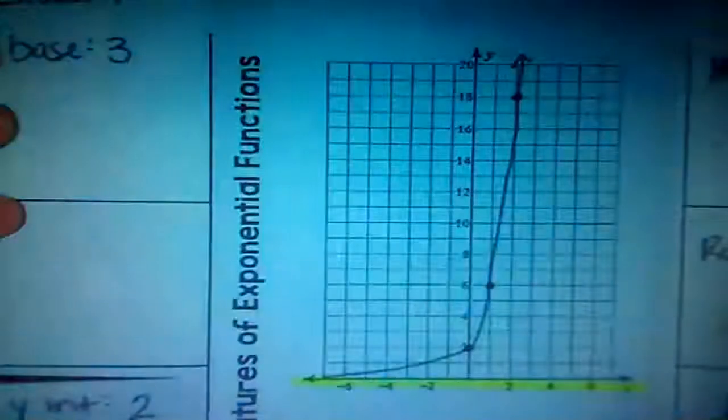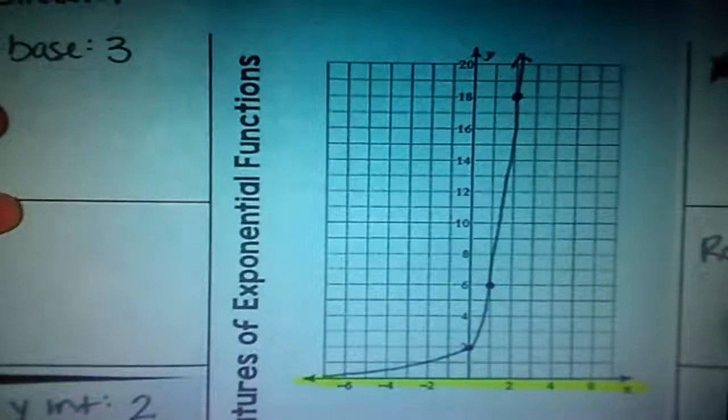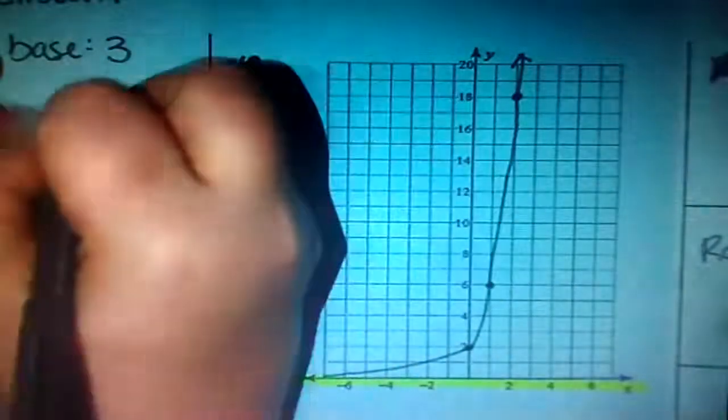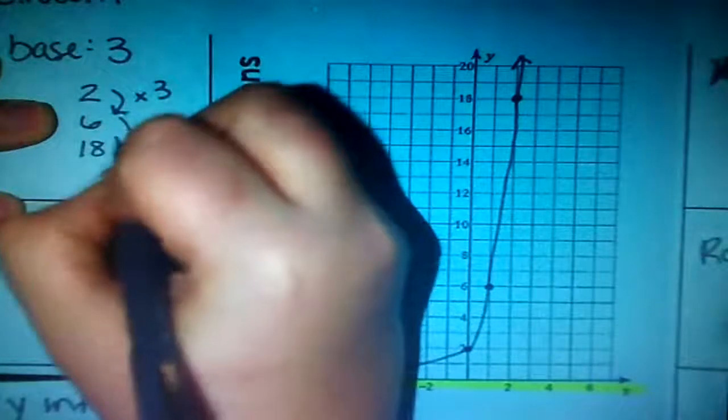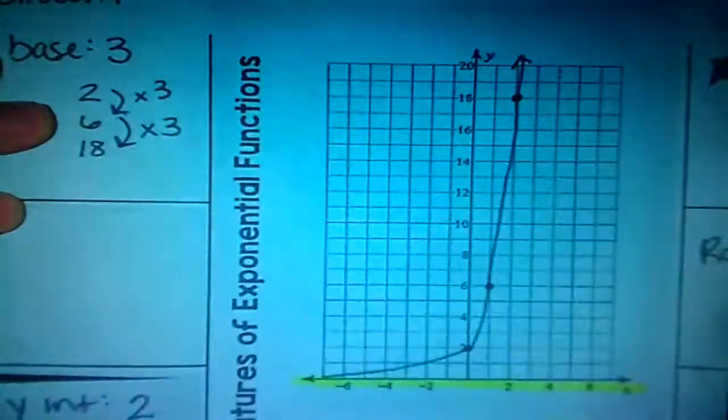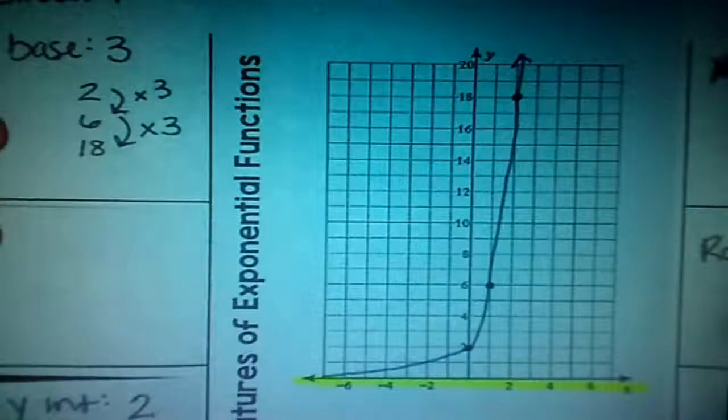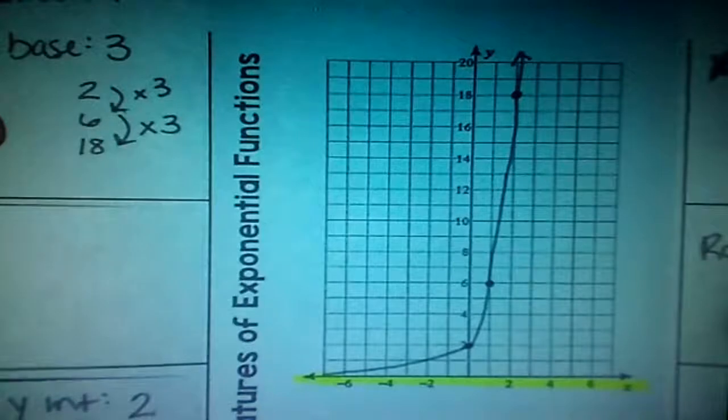So I have a base of 3, because my y's are going from 2 to 6 to 18. So that's times 3. That's my growth factor. Good.